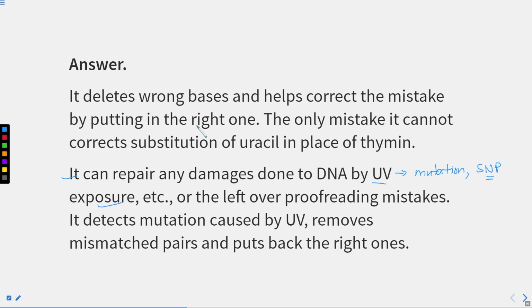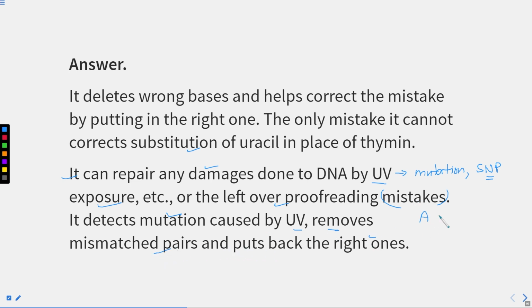So this polymerase 3 can repair the damage done by the UV exposure, or the leftover proofreading mistakes it can also handle. It detects mutation caused by UV, removes the mismatched pairs and puts back the right ones.